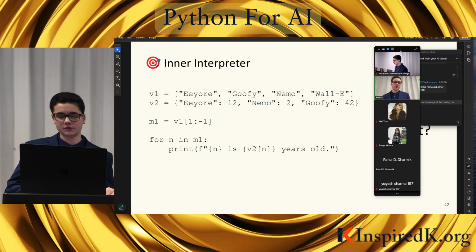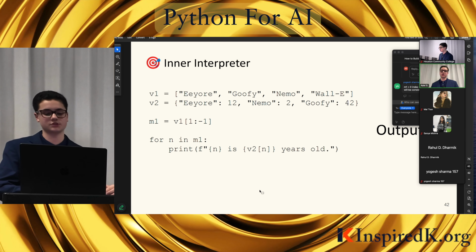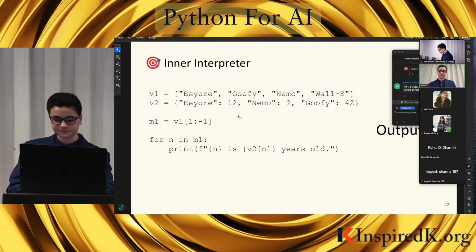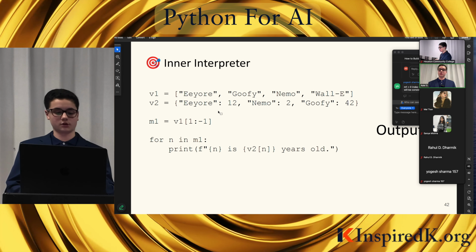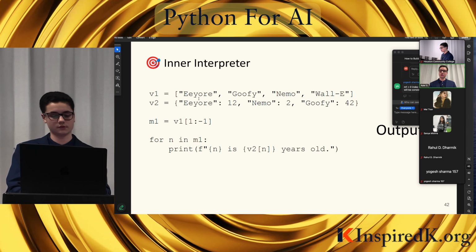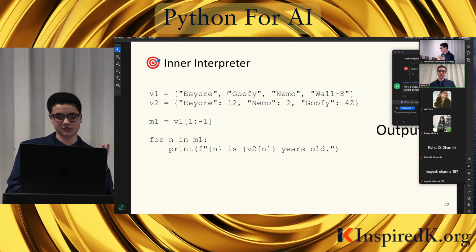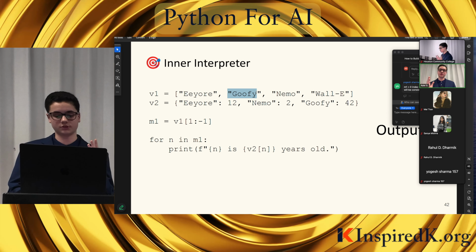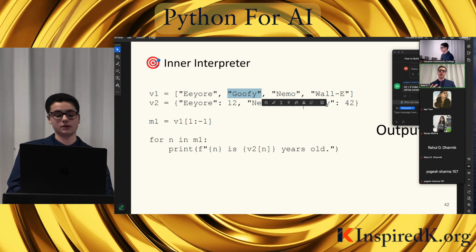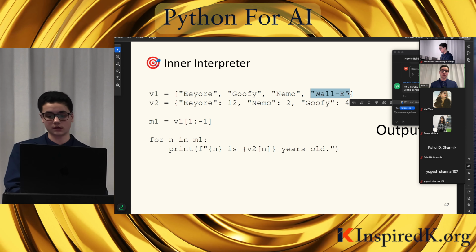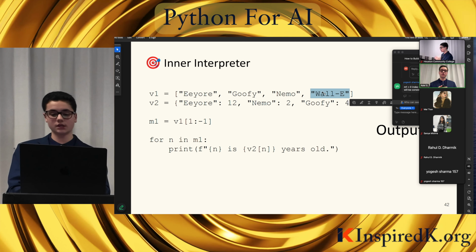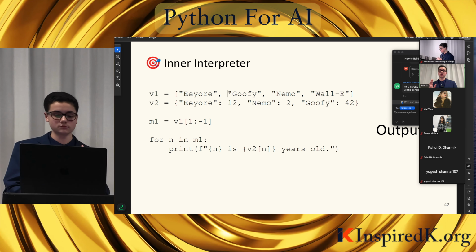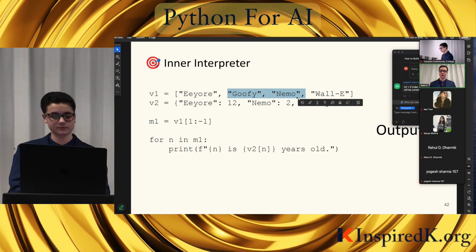Okay, let me just go through this one. So we're going to slice our list, and we are going to have from 1 to -1. So our first slicing is going to be at index 1, which is Goofy, and then at -1 is going to be Wally. So since Wally is not going to be included, 1 to -1 with -1 being excluded will be Goofy and Nemo.